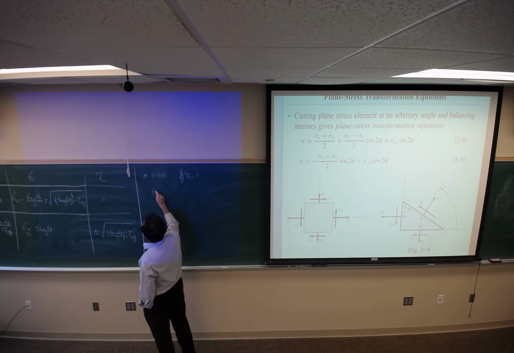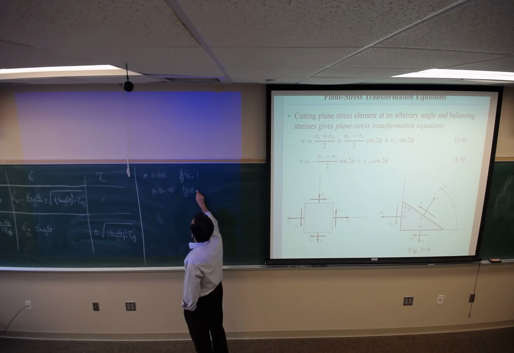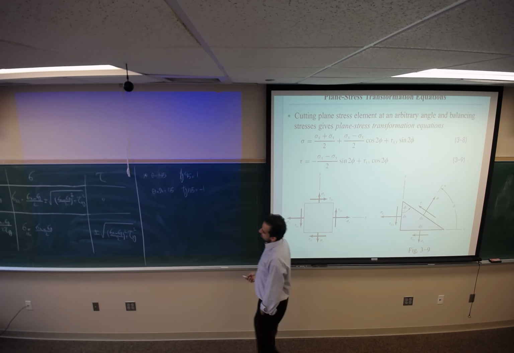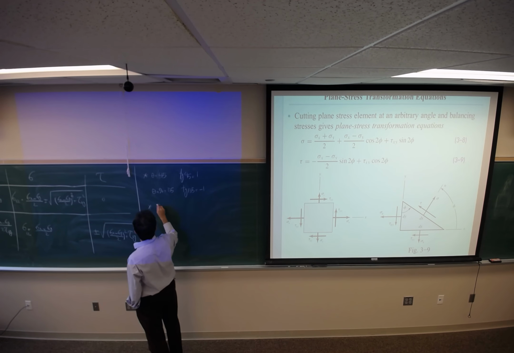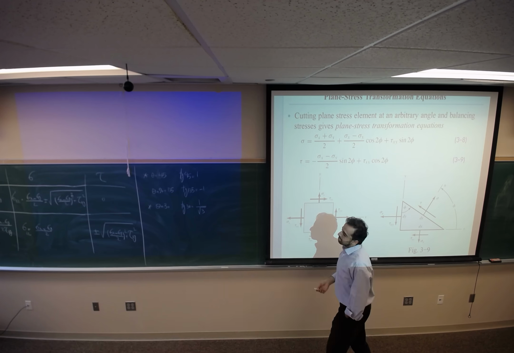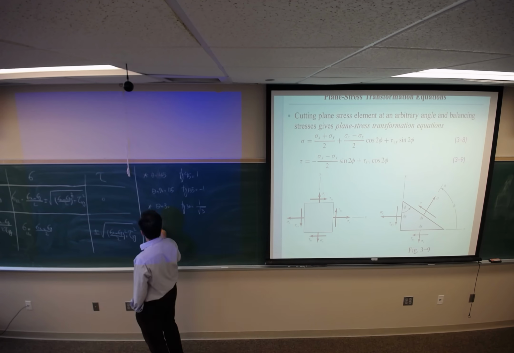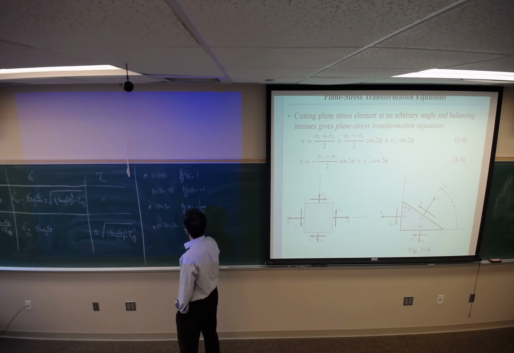If I add 90 to theta, I get 135, and the tangent of 135 is negative 1. If you change the angle, theta equals 30 degrees, the tangent of 30 degrees is 1 over square root of 3. If you add 90 degrees to theta, the tangent of 120 is negative square root of 3.